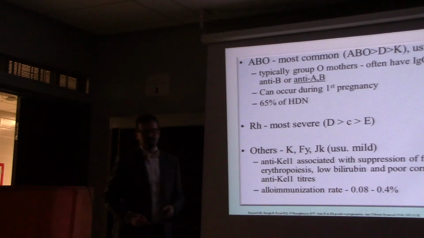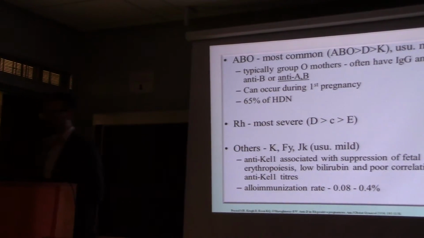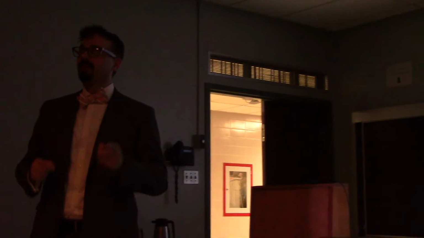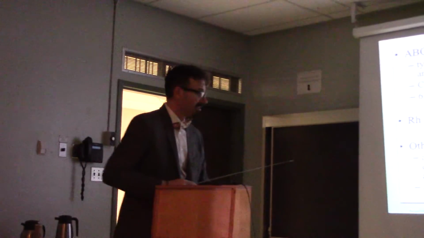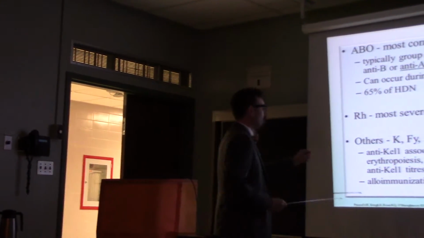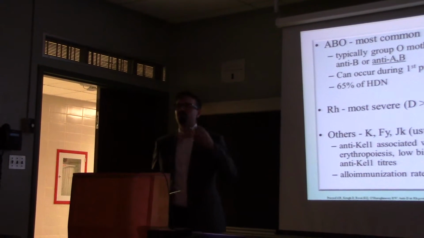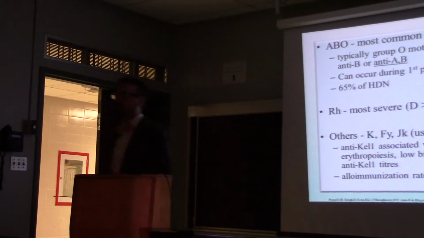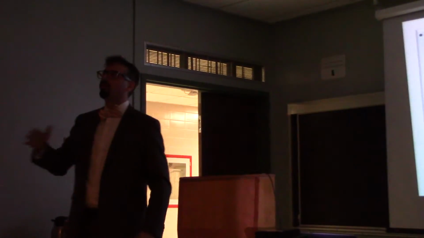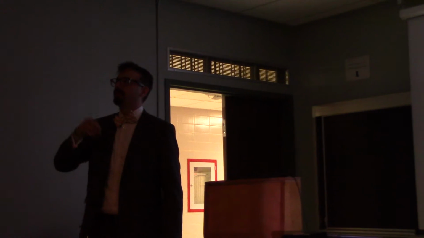And just a note about the KEL. Remember I said there was a problem with bilirubin with the D, but with the KEL, the situation is a little different because the antibodies attack the immature erythroblasts in the bone marrow. So this is before hemoglobin is incorporated.